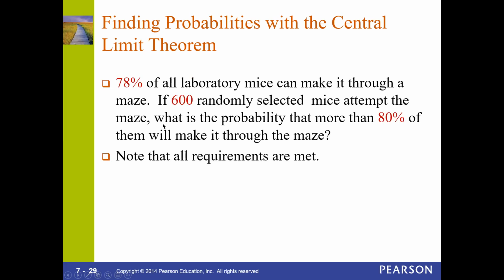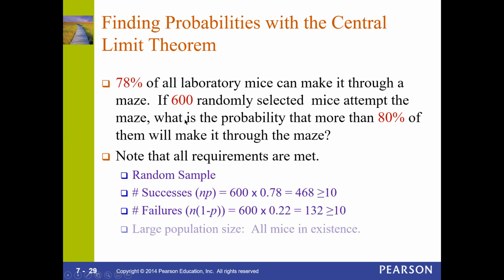For example, it says that 70% of all laboratory mice can make it through a maze. If 600 randomly selected mice attend the maze, what is the probability that more than 80% of them will make it through the maze?